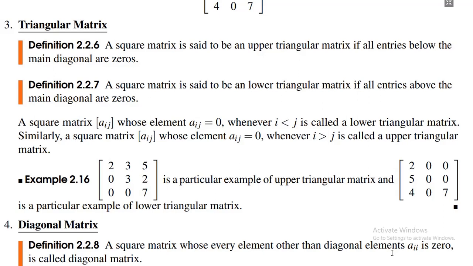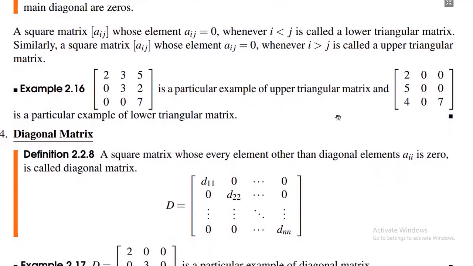Therefore, a diagonal matrix is simply a square matrix in which all entries are 0 except the main diagonal entries. So generally, a square matrix in which all non-diagonal entries are 0 is said to be a diagonal matrix.